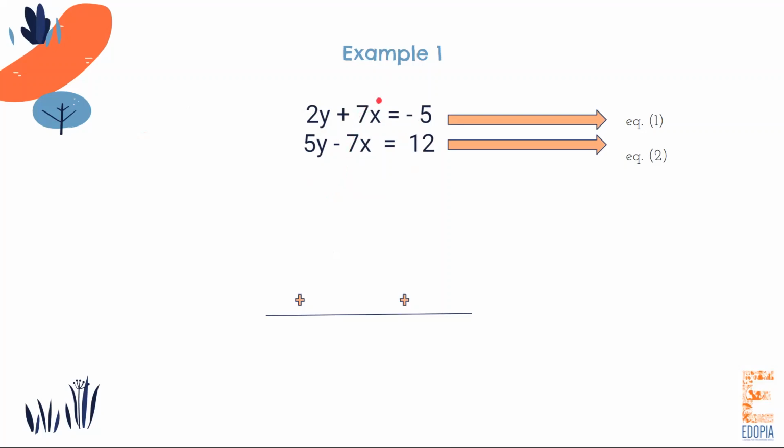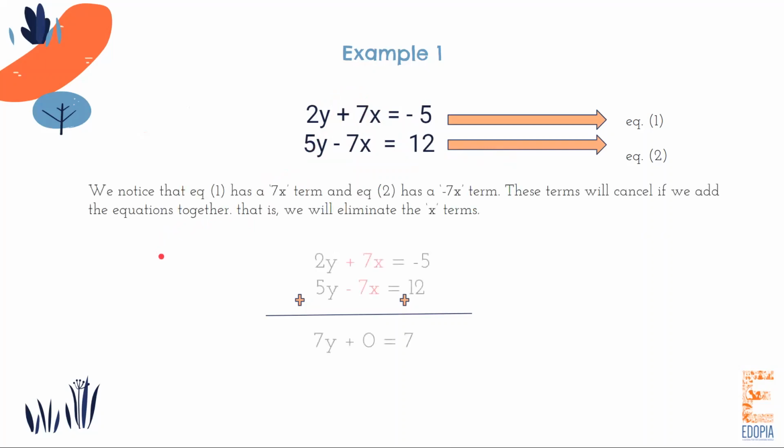We have positive 7x in the first equation, and we have a negative 7x in the second equation. This is pretty simple. We will simply add these equations up, get rid of this variable x, and solve for y.